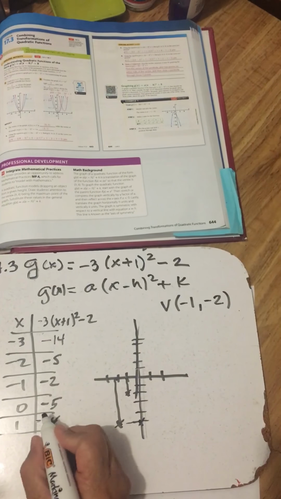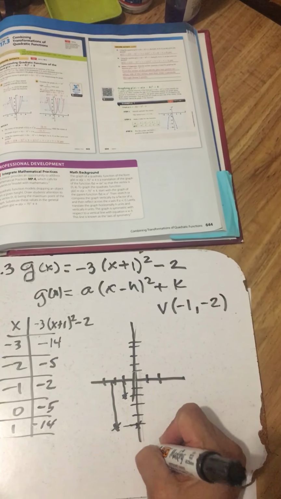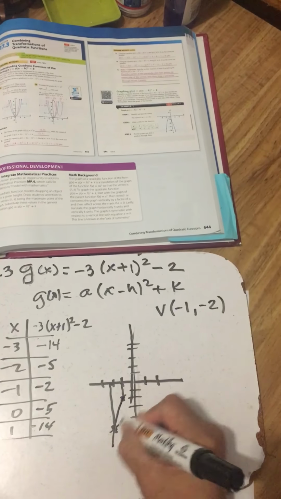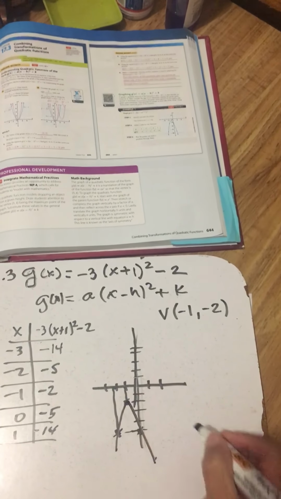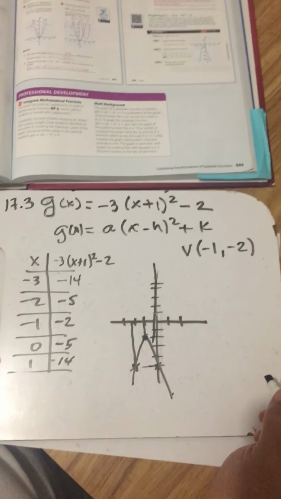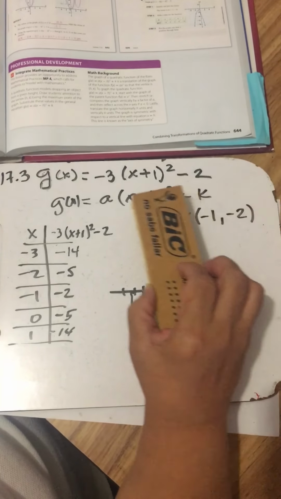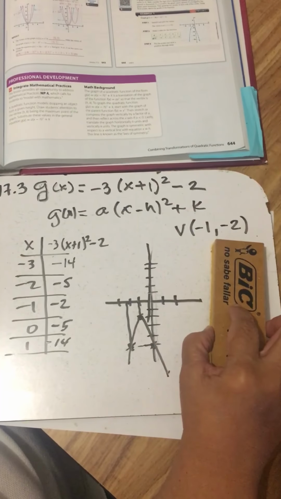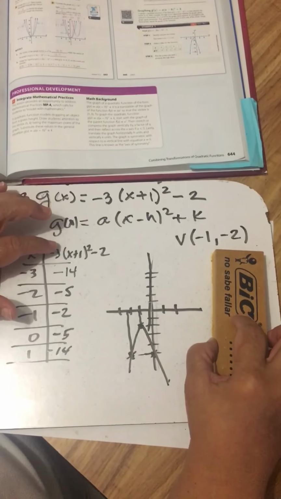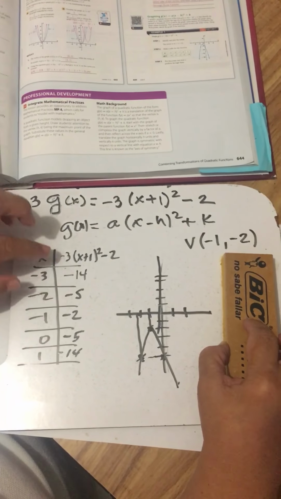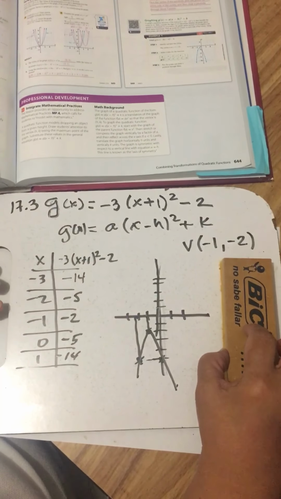Sorry, here is minus 14. 1 is minus 14. Then the graph is going to be like this. Okay? Now, did you see it's easy to use the formula to obtain the vertex, and then substitute the values of x that you want, and then you obtain the graph.